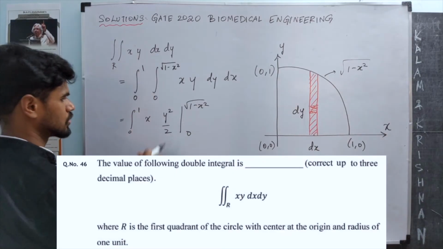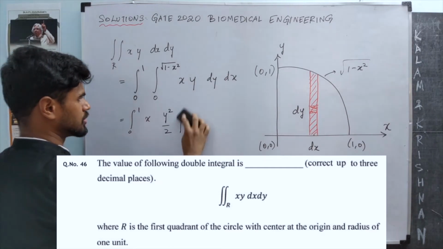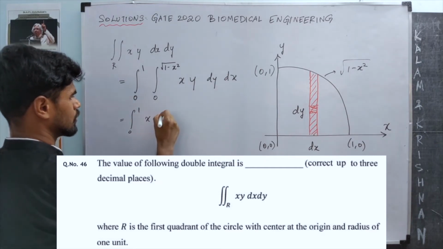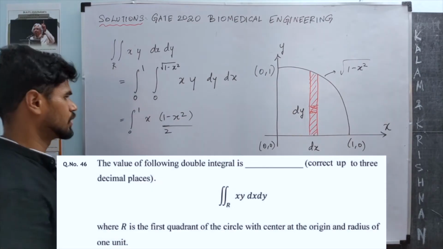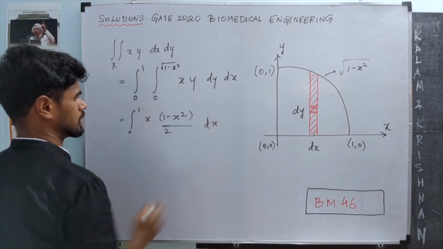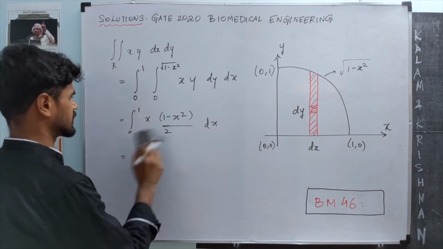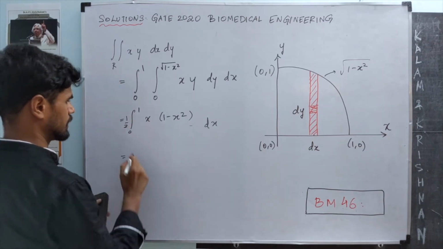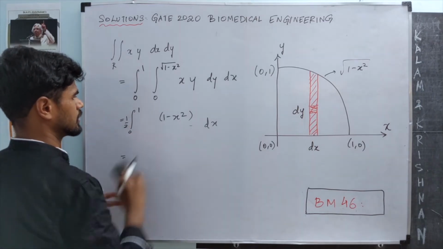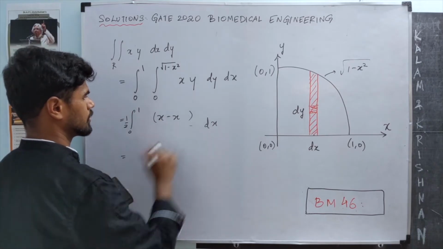Okay, so this becomes, substituting this limit, root of 1 minus x square, dx. Now take the half outside, and it is x minus x cube, right?